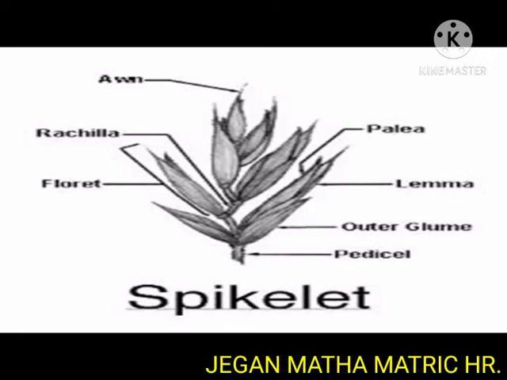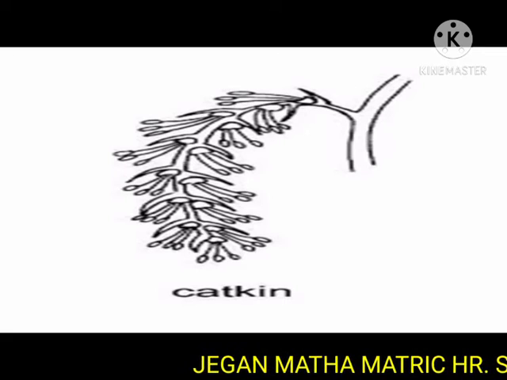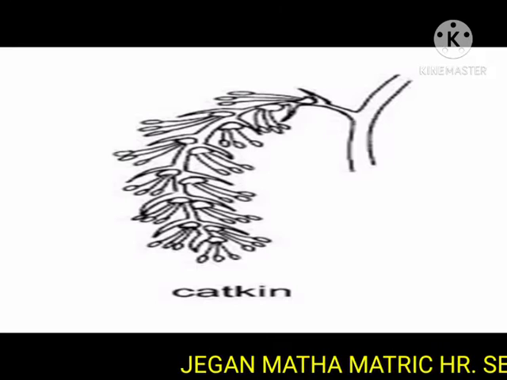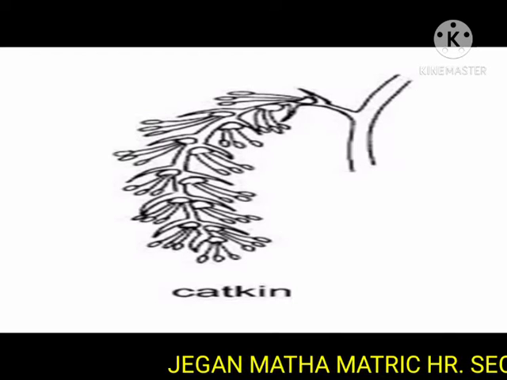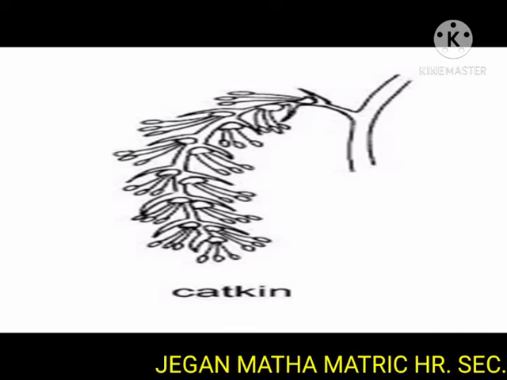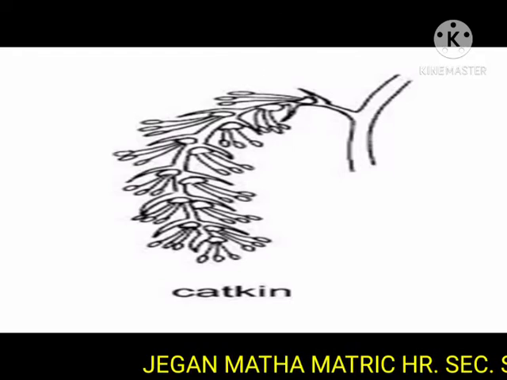Example, paddy. The next type is catkin, a pendulous spike with a long and drooping axis bearing small unisexual or bisexual flowers. It is also called a ament.